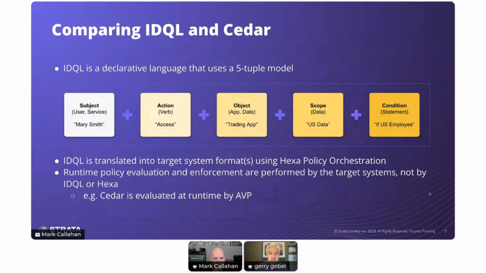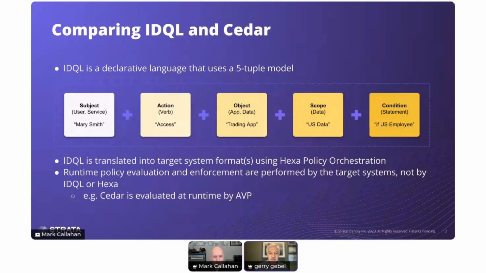It's a declarative language. It combines both role-based as well as attribute-based concepts. And when we look at IDQL, it's also a declarative language, and it's also based on a tuple model. In our case, a five tuple: subject, action, object, scope, and condition.